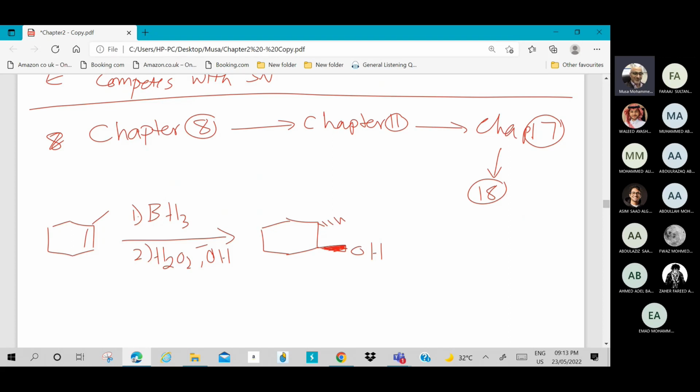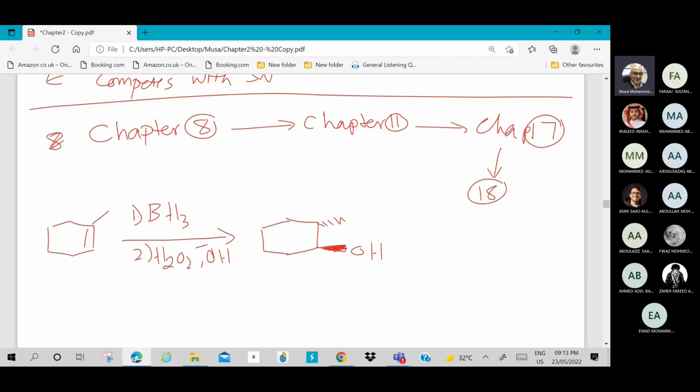So again, chapter 3, 4, 5, each one of them is talking about a topic that is different from the other topic. They are not really dependent on each other. Then you have chapter 6, a little bit different. Chapter 7, a bit different. Now starting from chapter 8, there is connection.